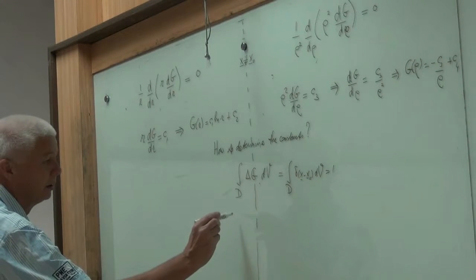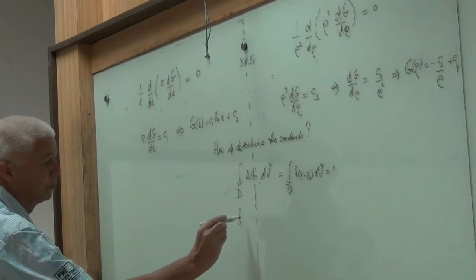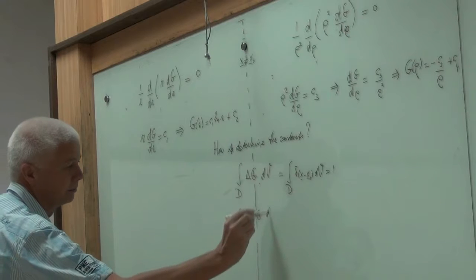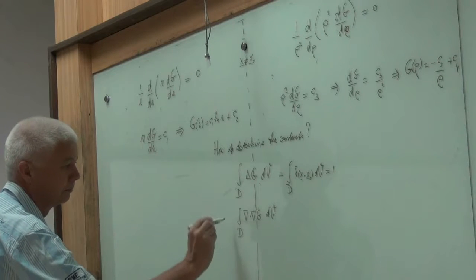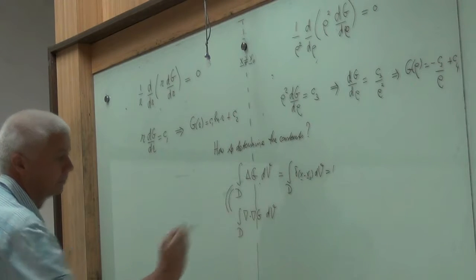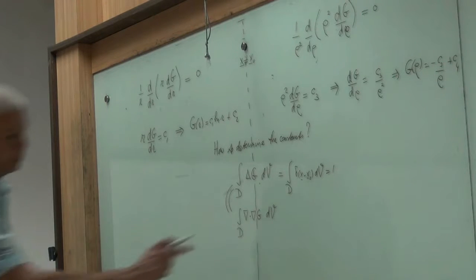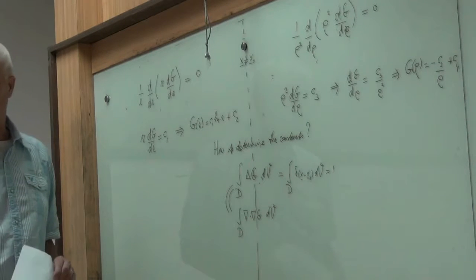This integral over here is of course the same as this. The Laplace of g is equal to the inner product of the nabla operator with the gradient of g. You can work it out and you have the same. Here I can use the divergence theorem of Gauss.